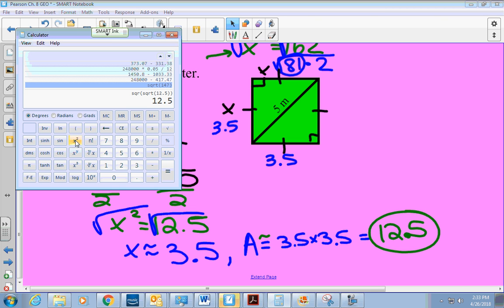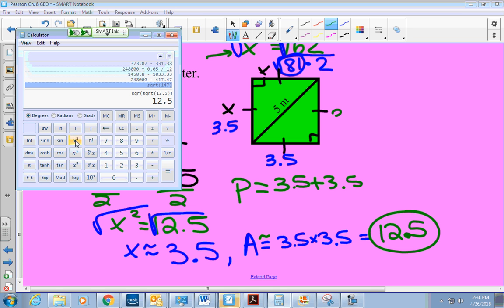And Brayden, how do we find the perimeter of any shape? Area is everything in the middle. Perimeter is everything on the outside. So we're going to add all of our 3.5s together.